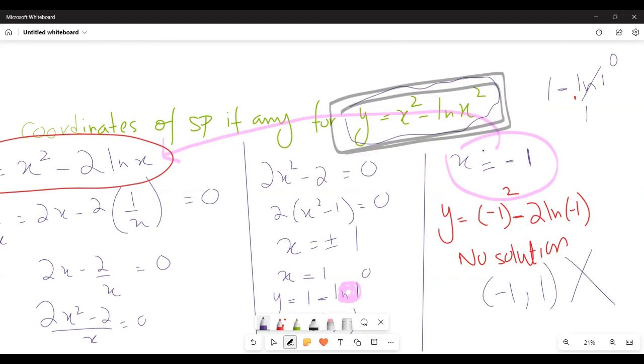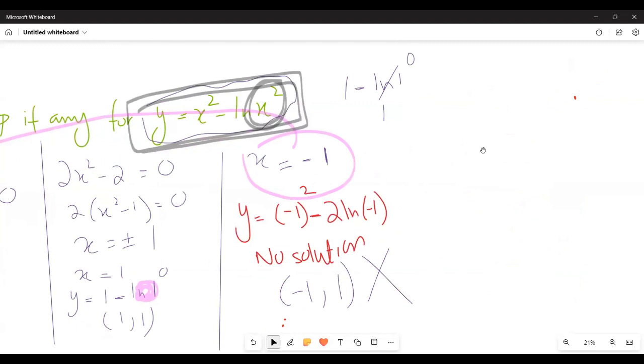The reason is a log's argument, or log input, can never be negative, whether there's a square on it or not. Try entering this in your calculator: minus 1 whole square minus ln minus 1 whole square. It will still give you a math error.